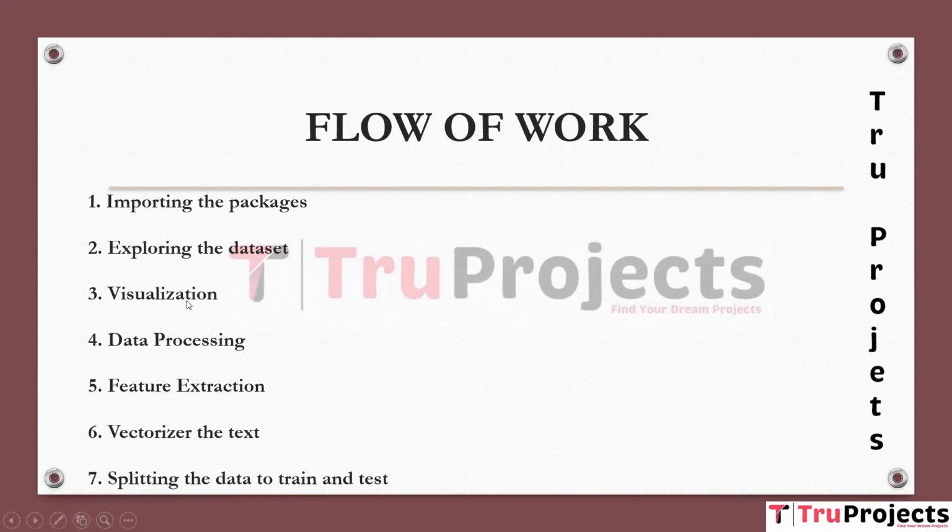Third one is visualization. This module is dedicated to creating data visualizations using Seaborn or other plotting libraries. Visualizations help in understanding the data distribution, relationships, and patterns. Fourth module is data processing. This step involves several subtasks which are tokenizing the words, which means splitting the text data into individual words or tokens, removing punctuation, which means eliminating punctuation marks from the text data.